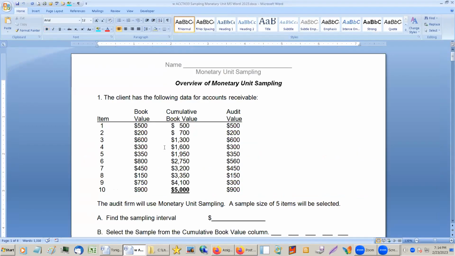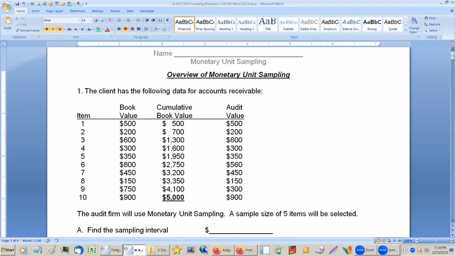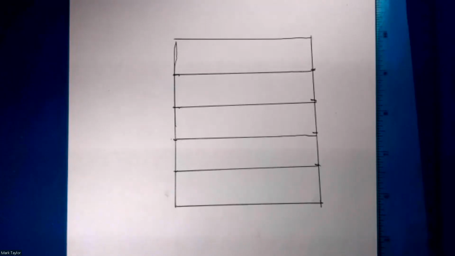Monetary unit sampling is a different kind of sampling. It's a sampling method that's used only by auditors.